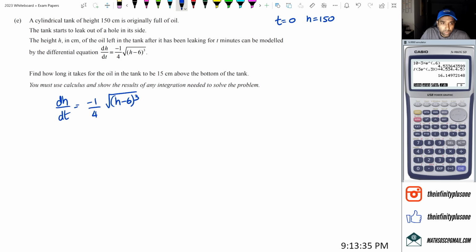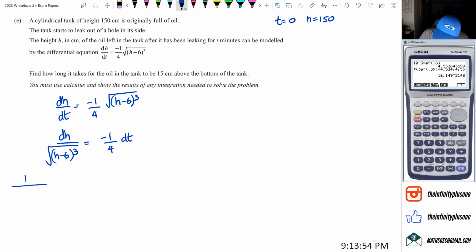So we've got a differential equation. We're going to bring the h to the left-hand side. So that's going to become (h minus 6) cubed equals -1/4 dt. Now we've got to do a bit of rearranging here. The first step is getting rid of that square root.